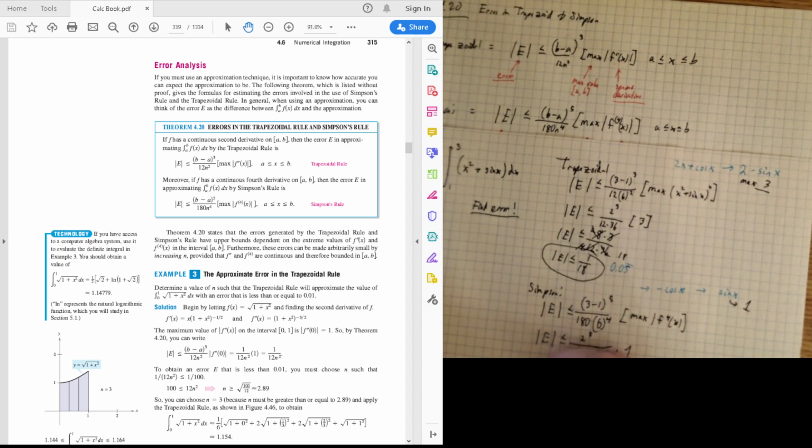Okay, so that means the absolute value of E, 2 to the 5th power, 32. Oh my gosh. I can't do that in my head. Not even close.